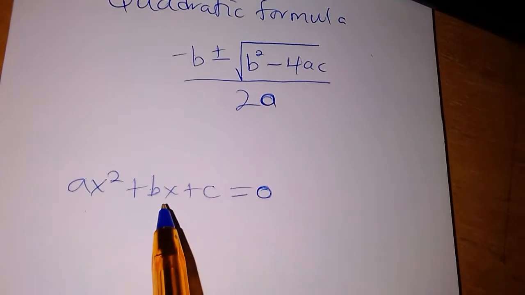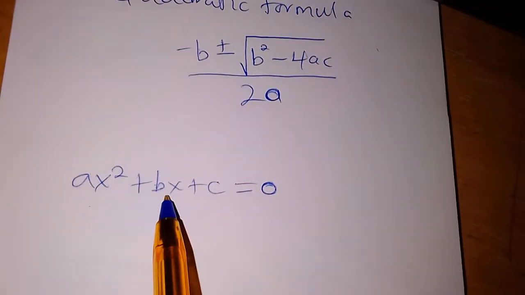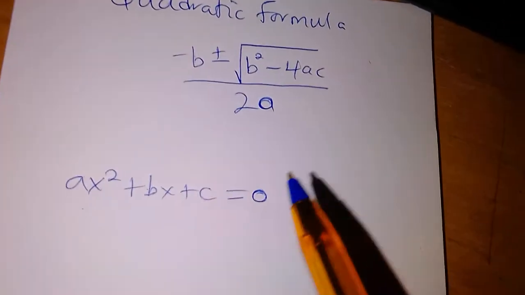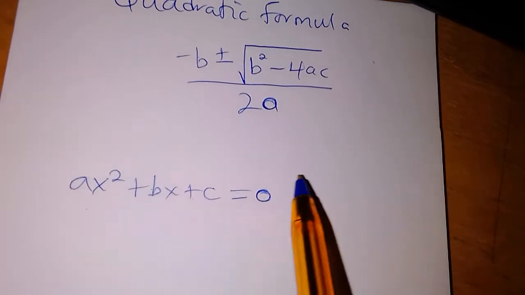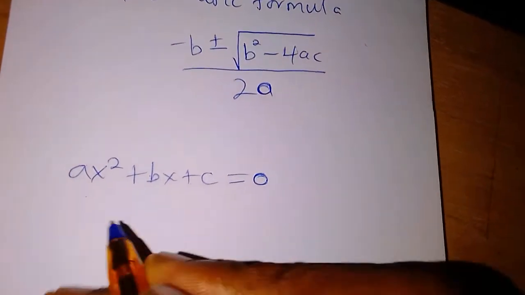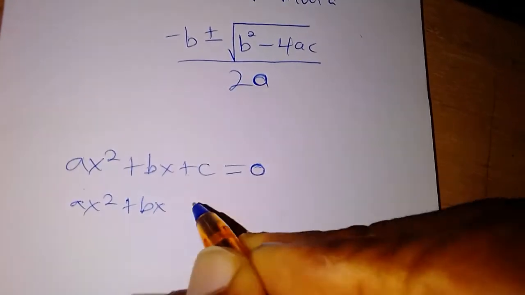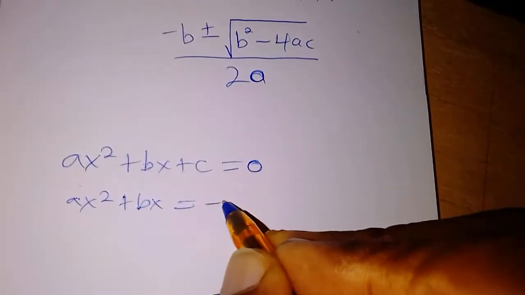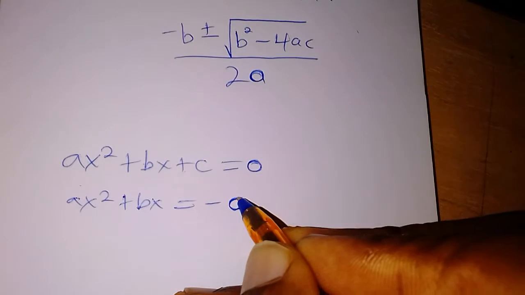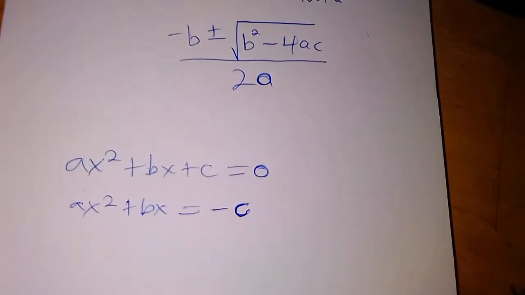So the first thing to do to prove this almighty formula is to move the term c to the other side of the equation. So we have ax squared plus bx equal to minus c. This is the first step.